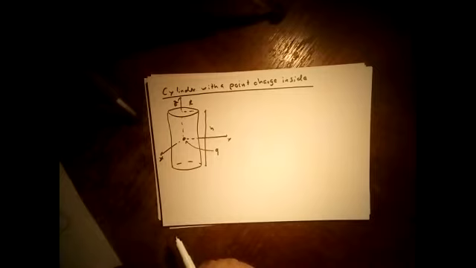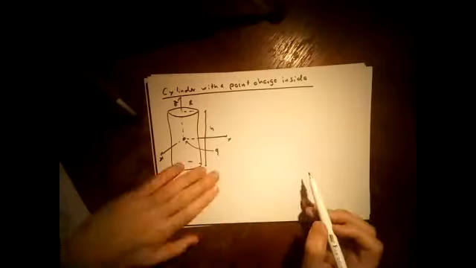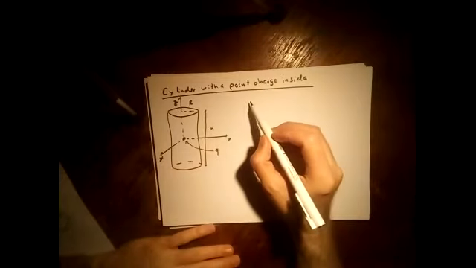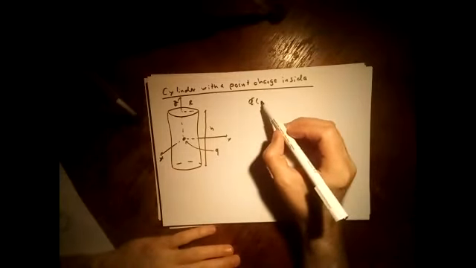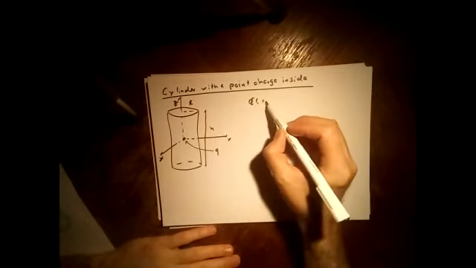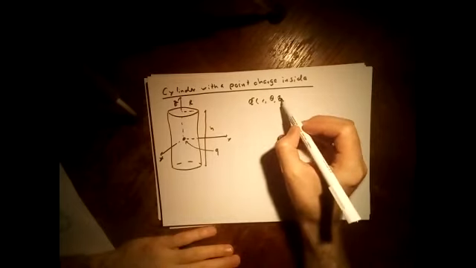The discs which bound the cylinder and the side of the cylinder are all grounded. We take a cylindrical coordinate system.